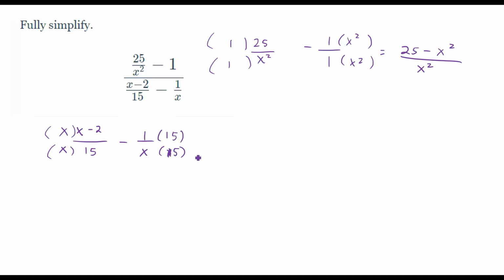That should be a 15. Okay. And then x times 15 is 15x. X times x. Well, make sure that you distribute here. Two terms, remember. So we get x squared minus 2x. And then right here we have minus 1 times 15, which is minus 15.